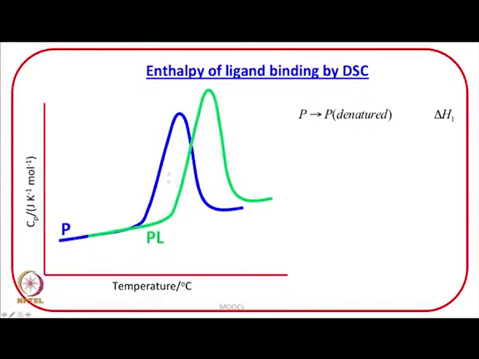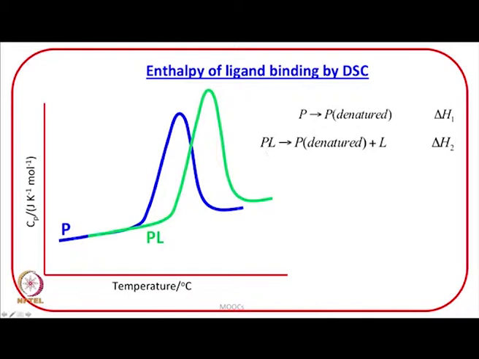Let's take a look at the figure. The blue curve represents this reaction. P is being denatured, P going to P denatured. Let us say the associated enthalpy of unfolding is delta H1. In other words, I can call this the calorimetric enthalpy of unfolding, which is delta H1. And for the green curve, you are taking PL, the complex.